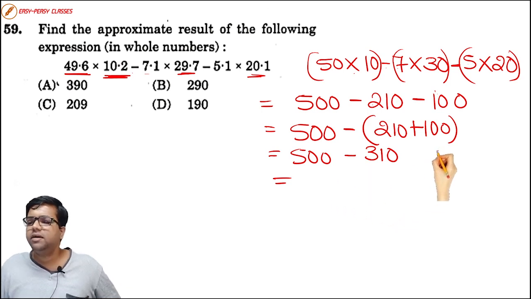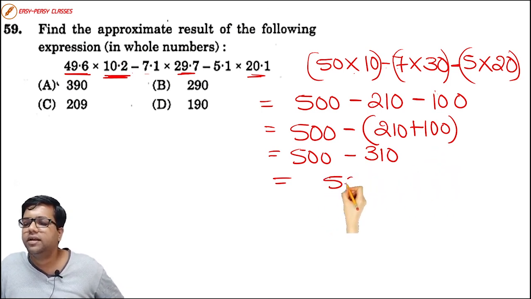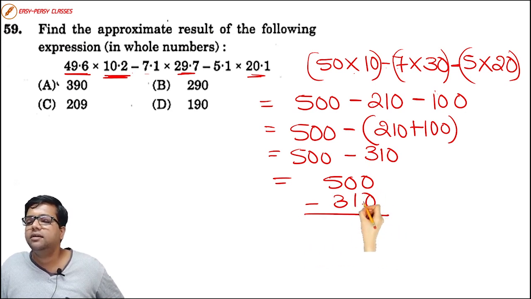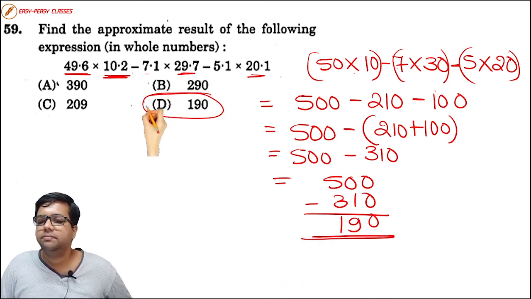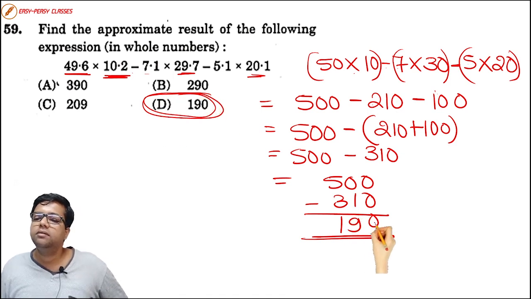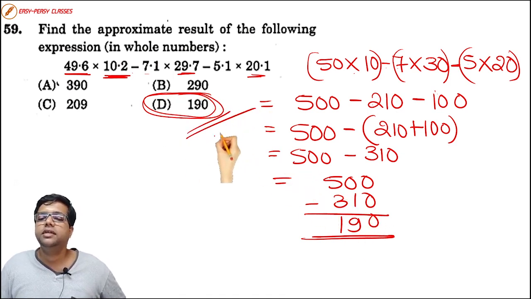Okay, 500 minus 310 is 190. This is the right answer. Option D is the right answer.